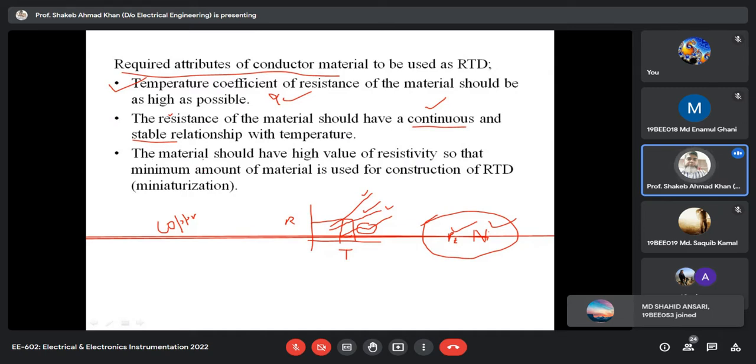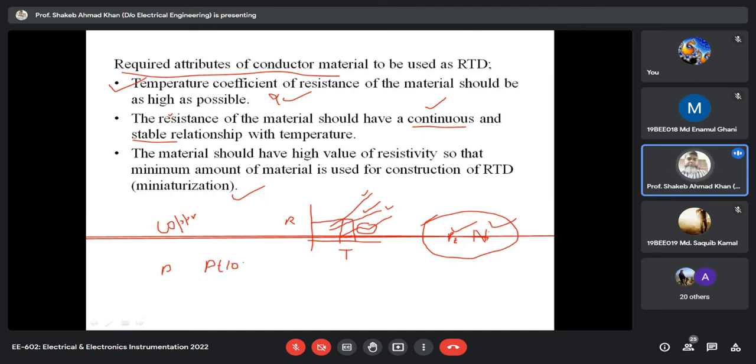Then the third one is that the material should have a high value of resistivity so that a minimum amount of material is used for construction. This is basically miniaturization. Suppose PT, if you go to the market and you want an RTD, you have to ask for PT 100.